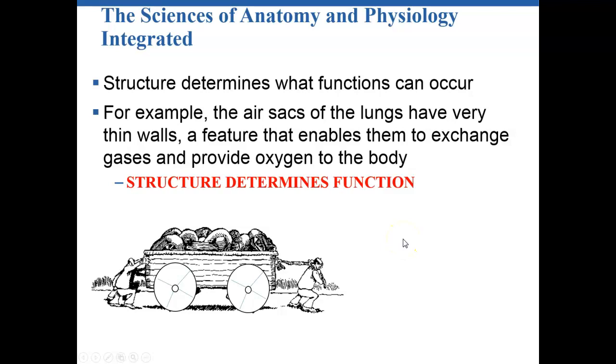And so here's an example. The air sacs of our lungs have very thin walls. They're very thin because their function is for diffusion of oxygen and carbon dioxide. So if they were nice and thick, it would be a lot harder to allow gas exchange with our blood.